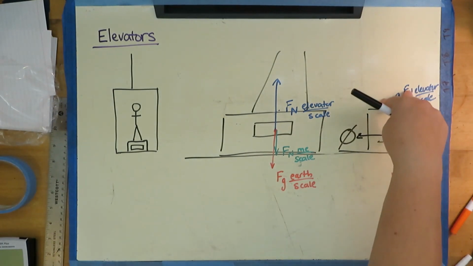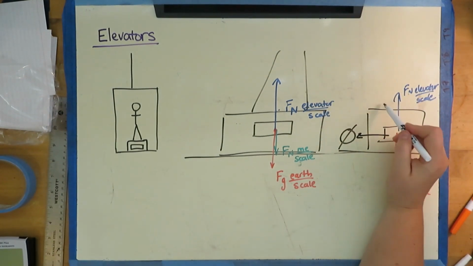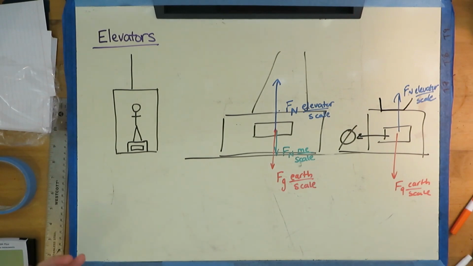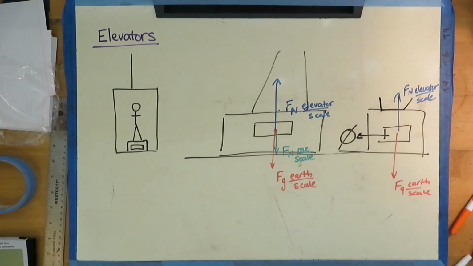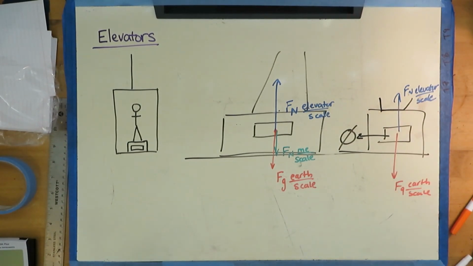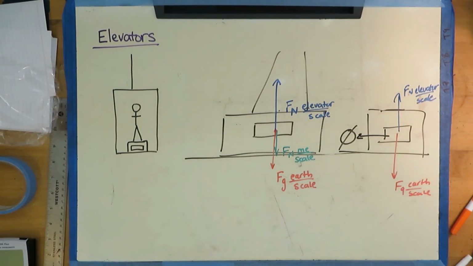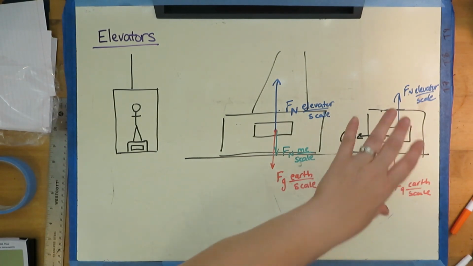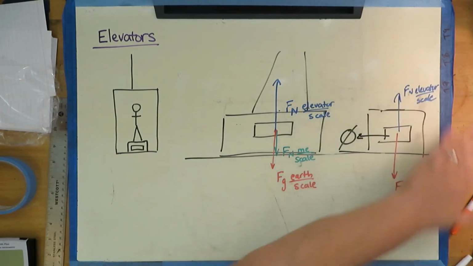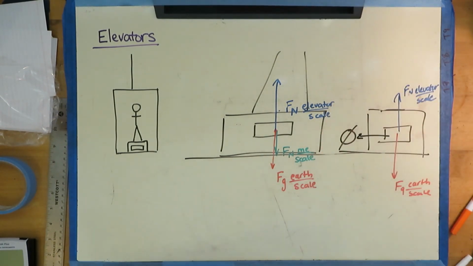You could have something sitting on it, like in chemistry when you might have done this with a tray that you were going to pour something into. You put the tray on there, you hit tare, and it zeroes it out, and then it ignores that as well. So that's what happens when you get on the elevator. We are assuming here that it's already been zeroed out, that the force of the Earth on the scale and the normal force of the elevator on the scale are taken care of.